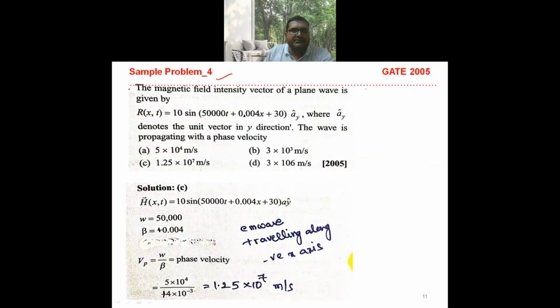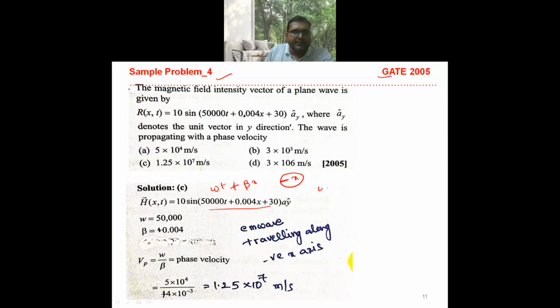One more sample problem asked in GATE 2005. From the general solution, you can observe 10 sin of omega t plus beta x, which implies the electromagnetic wave is traveling in negative x direction.